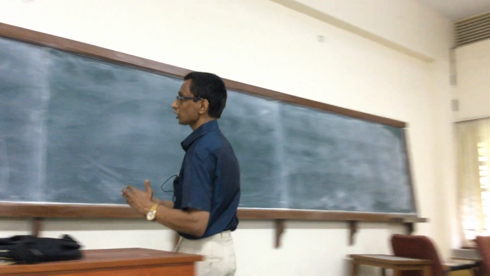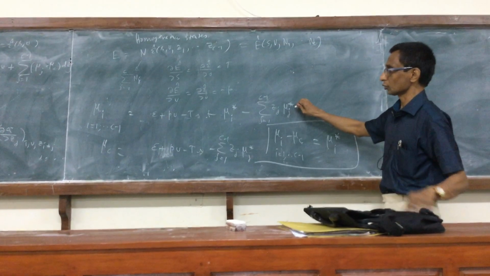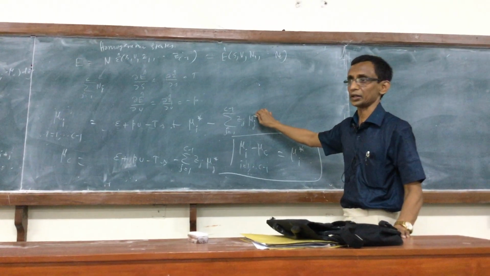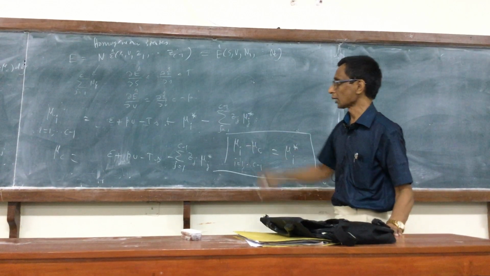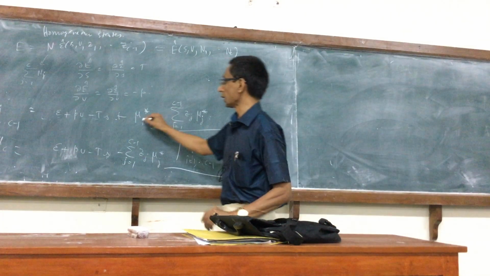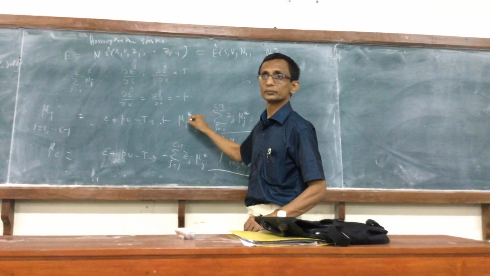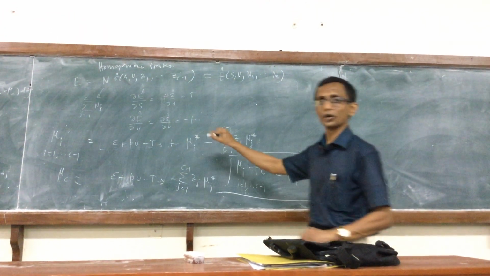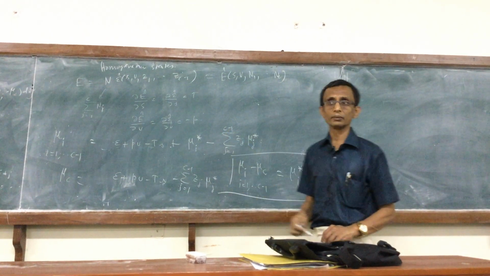So now using this, suppose I substitute into any one of these C minus 1 relations. I can always use it here. I substitute this for mu I star. So I focus on any one of these 1 to C minus 1, right?